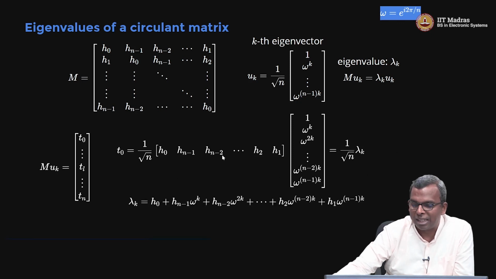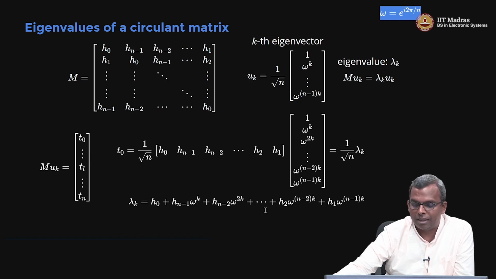Now let us simplify this. Lambda k, of course, 1 by root n will cancel. So lambda k is h0 into 1 plus, let me start with hn minus 1, hn minus 1 into omega power k, hn minus 2 into omega power 2k, and so on till h2 into omega power n minus 2 into k, h1 into omega power n minus 1 into k.